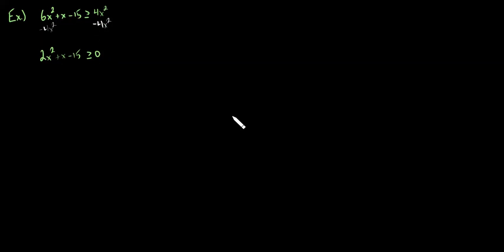Now, since this is in standard form, I want to be greater than or equal to 0. So what this is telling me is that if we want to be greater than or equal to 0, we want positive numbers. Any interval that gets us positive is going to be part of our solution.